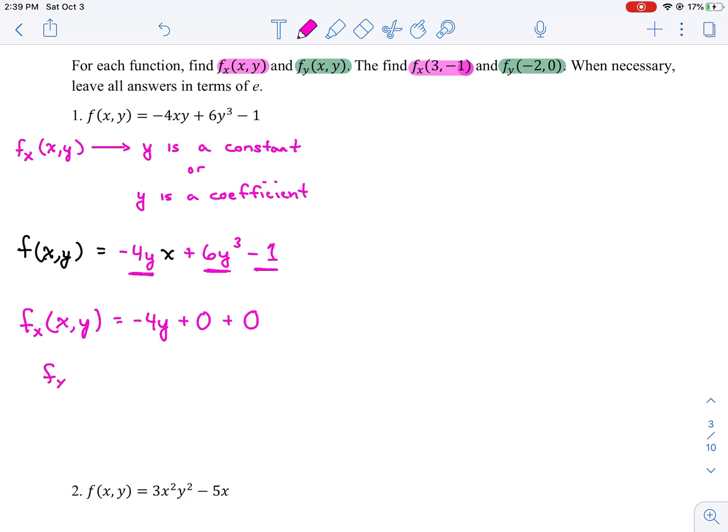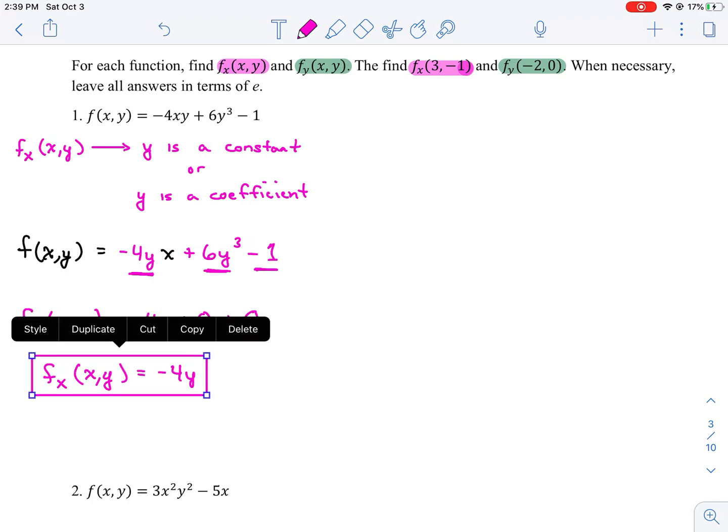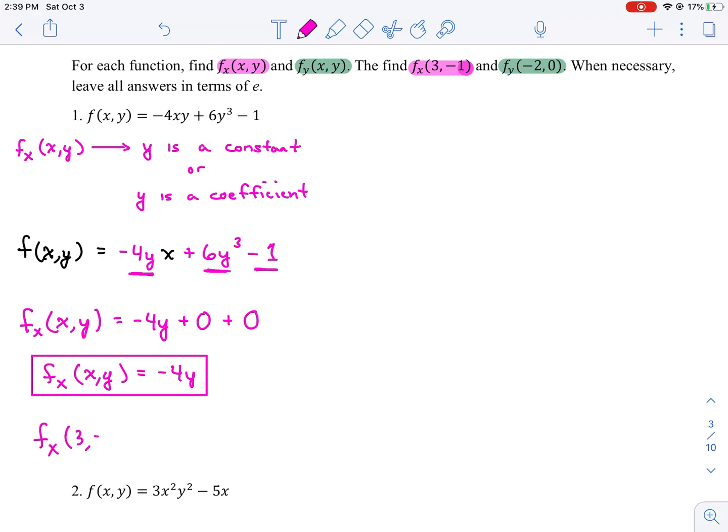So the partial derivative with respect to x is -4y. And now we can evaluate the partial derivative with respect to x at the coordinate 3, -1. And that is going to be -4 times -1, which is 4.